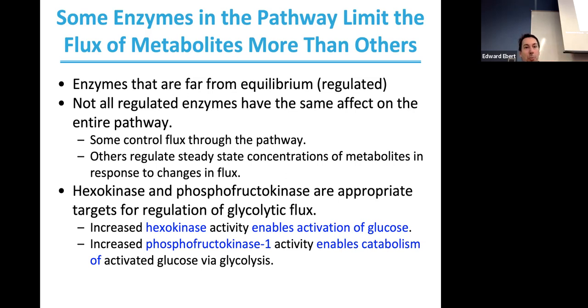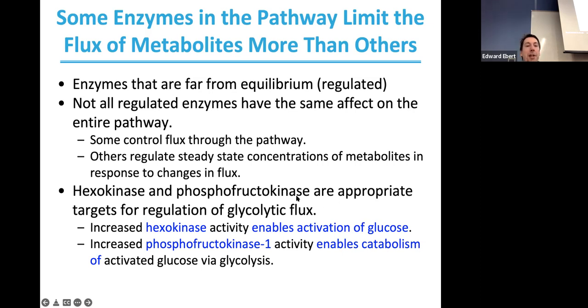Others will just help regulate the steady state concentrations of different metabolites in response to changes in flux. So maybe we're starting to build up a lot of fumarate. We might see an enzyme that helps regulate the fumarate, which doesn't really affect a particular pathway directly, but indirectly helps respond to changes in flux.